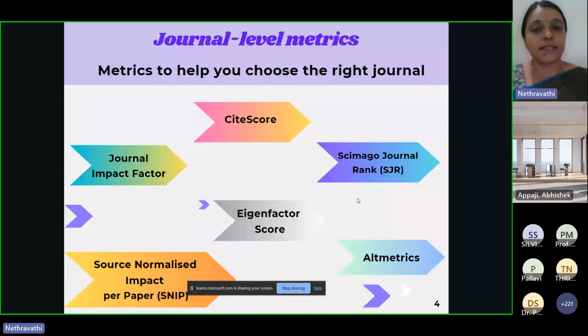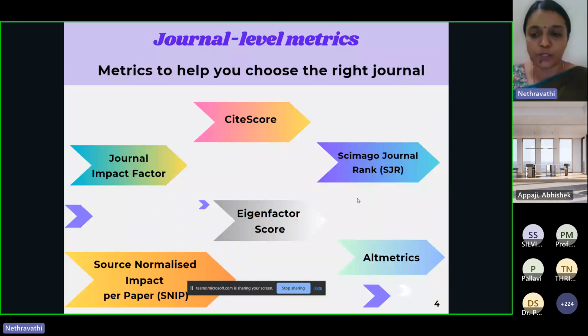First, let us see what are journal level metrics. I'm not going to get into all of this, and a few of these my colleague Dr. Sainath had mentioned in his presentation when he told about choosing the journals. These are very few. Of course, there are many other metrics apart from this.